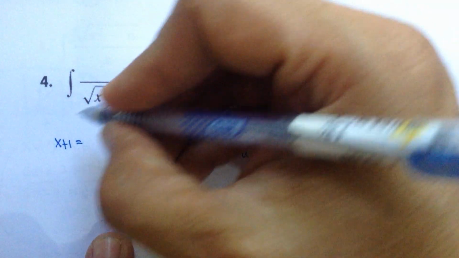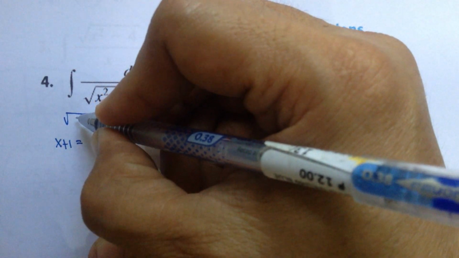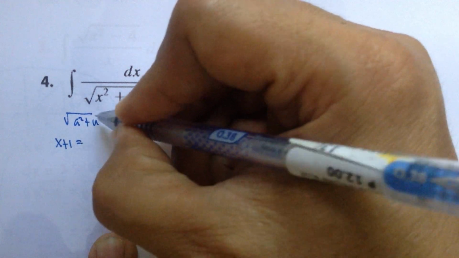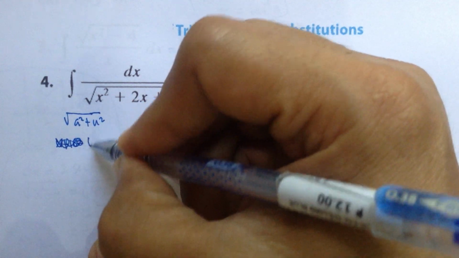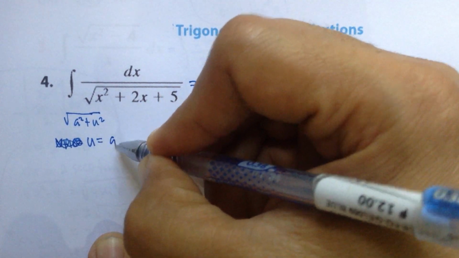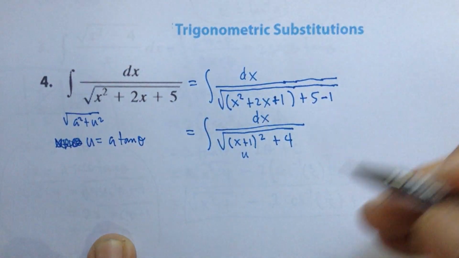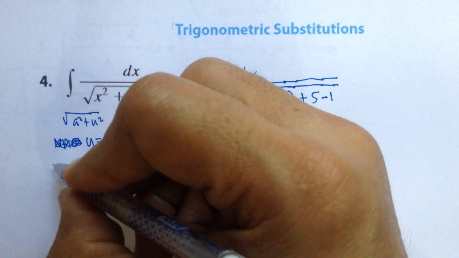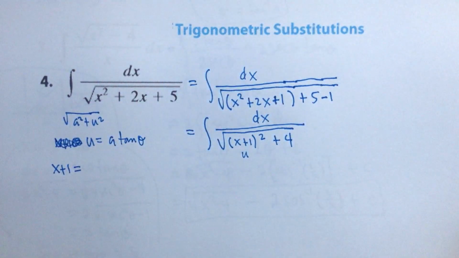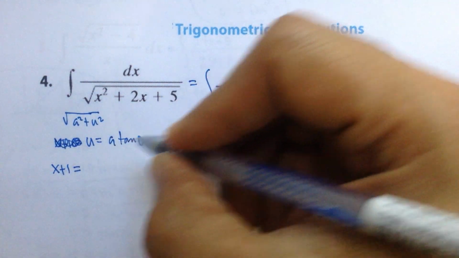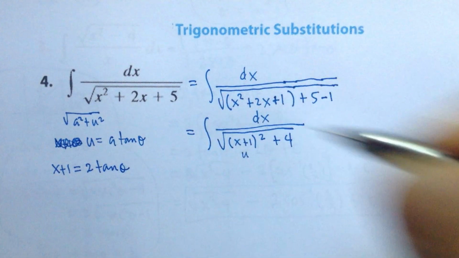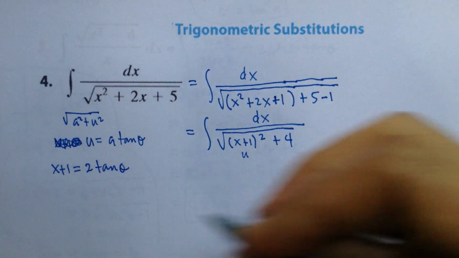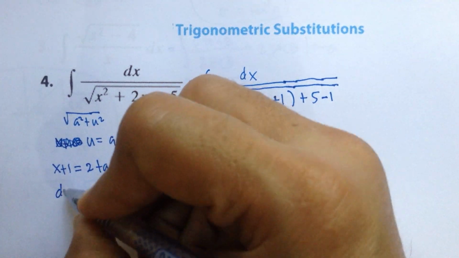Basically we have the form square root of a squared plus u squared, and the substitution is u equals a tangent theta, and your u is x plus 1, so that means that x plus 1 is equal to a, which is 2, so 2 tangent theta.